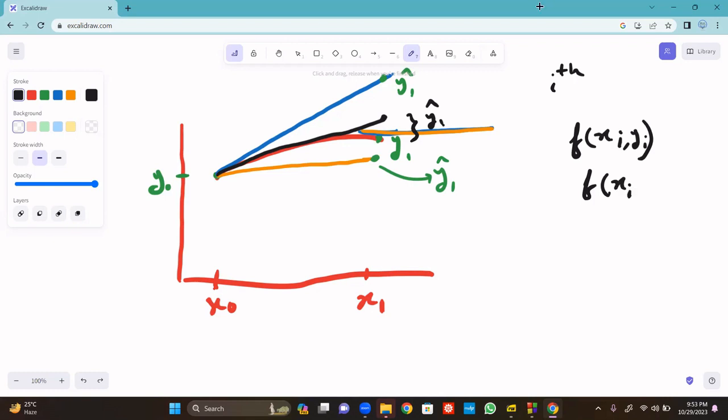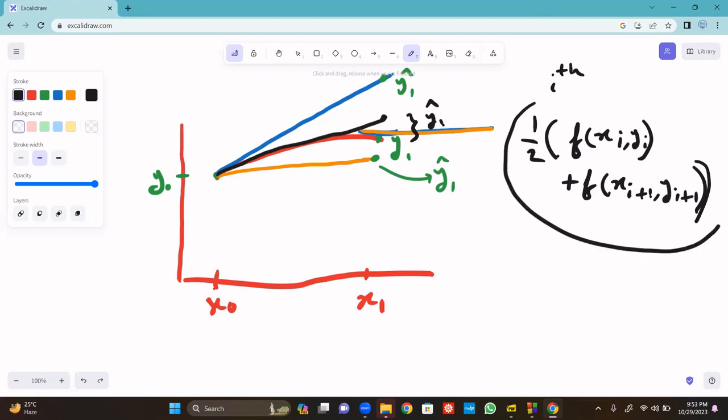We introduced the slope of the next point that is at xi plus 1, yi plus 1. And now we are suggesting that we use neither of these two, but the average of these two. So if you use these instead of the original slope, then the drawing suggests that we will get to a point which gives us a lower error margin. So if we want to use this, the iteration equation looks like this.